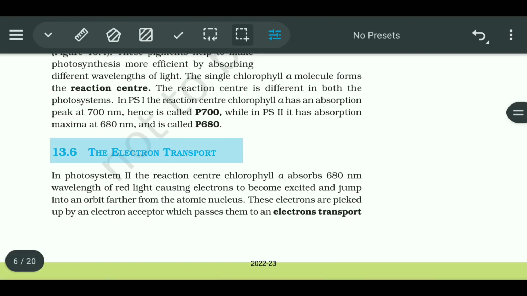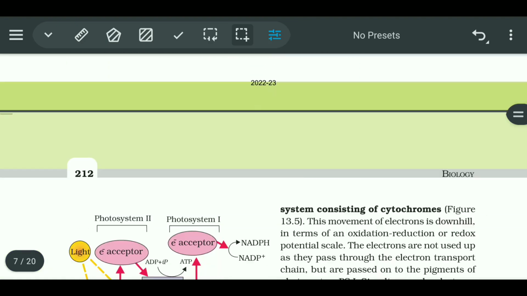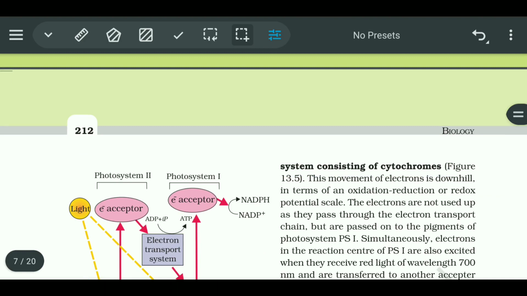13.6. The electron transport. In Photosystem II, the reaction center chlorophyll a absorbs 680 nanometer wavelength of red light, causing electrons to become excited and jump into an orbit farther from the atomic nucleus. These electrons are picked up by an electron acceptor, which passes them to an electron transport system consisting of cytochromes.